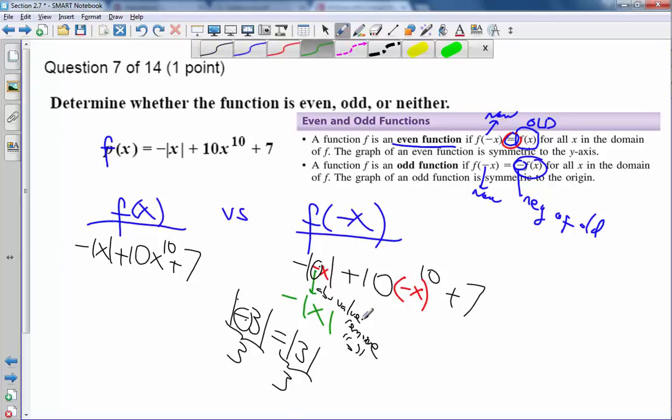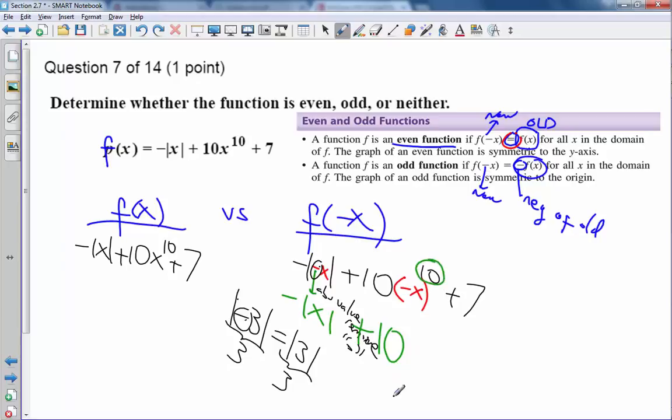My question is, how about the minus here? How do I remove that minus in the second place to make them the same? What kind of power is this? It's an even power, an even number. When you have an even power around a negative number, it always turns positive.